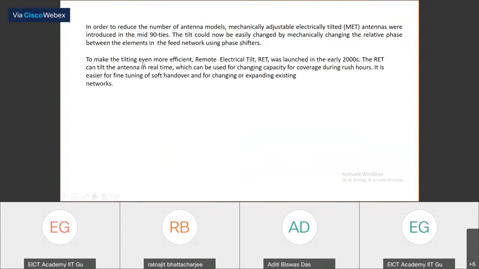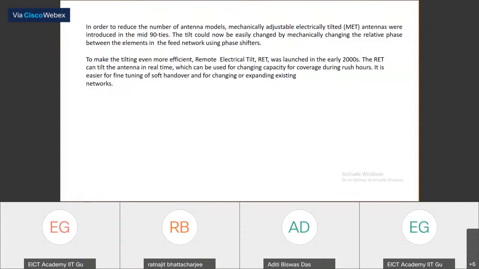So to make the tilting even more efficient, remote electrical tilt, RET, is a technology which was launched in early 2000. What happened? Mechanical tilt means somebody will have to climb to the base station and adjust. Electrical tilt also, you will have to have the phasing and other things changed.